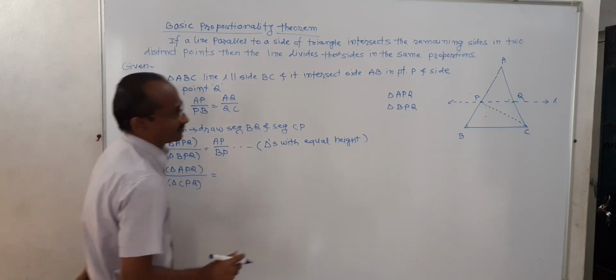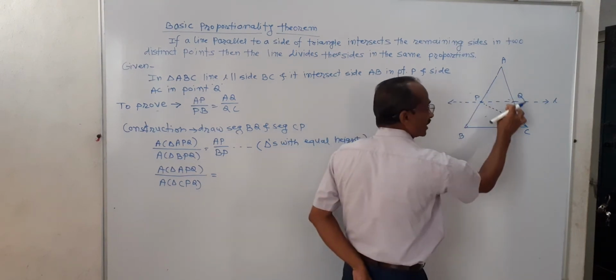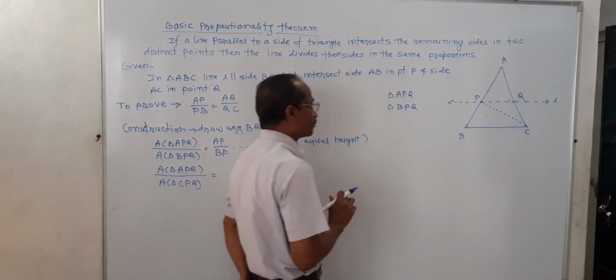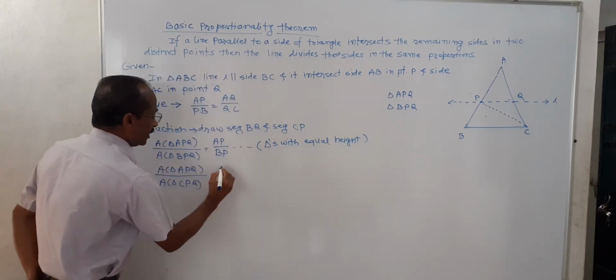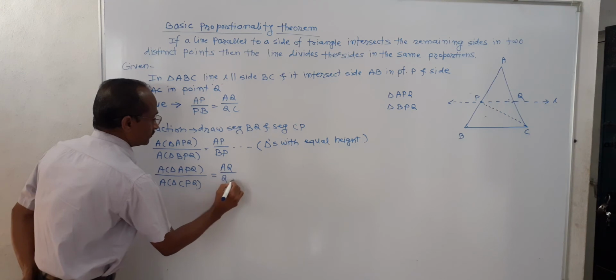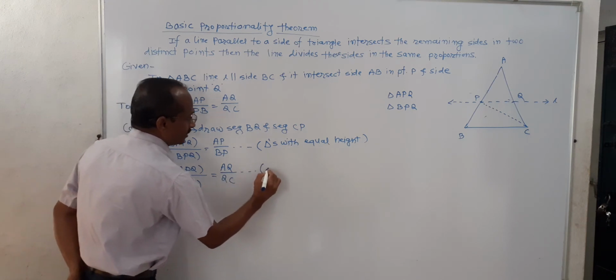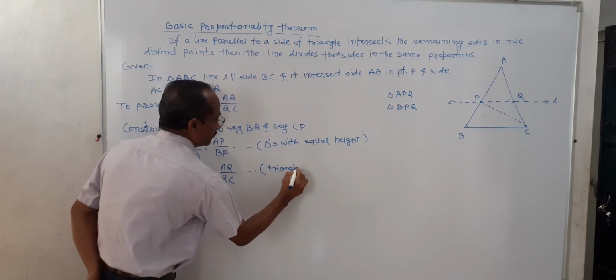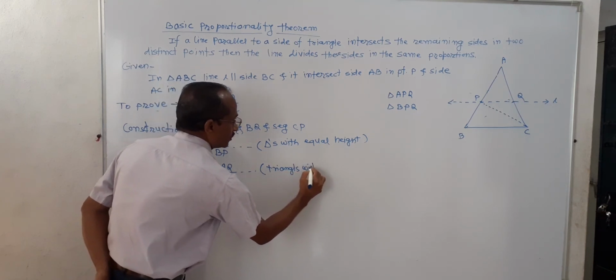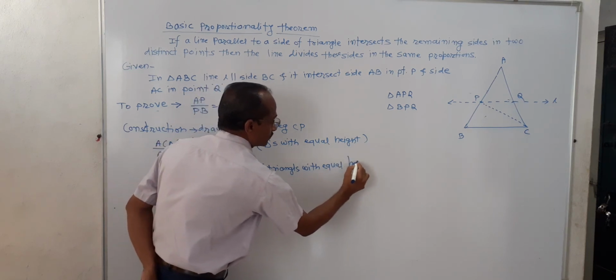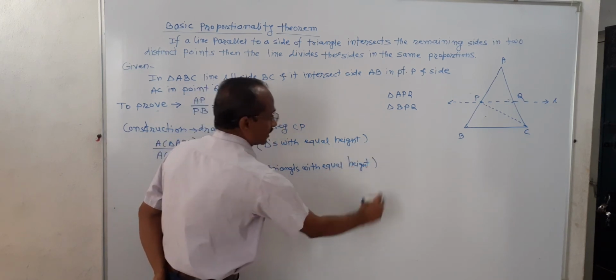What will be the answer? The heights of these two triangles are equal, therefore the ratio of their areas corresponds to their bases. So AQ divided by QC. And the same reason here: triangles with equal height.